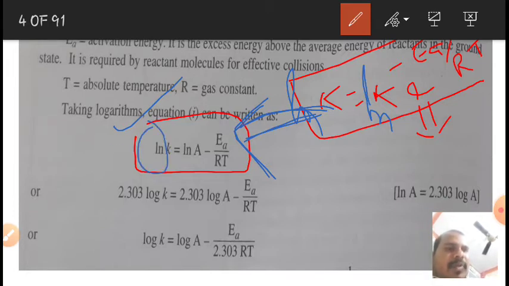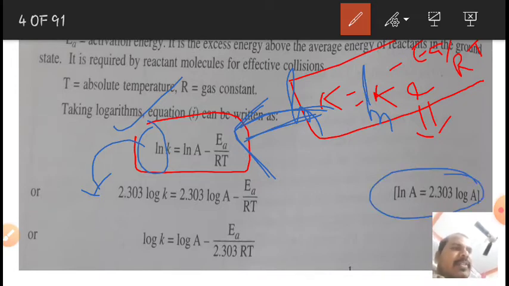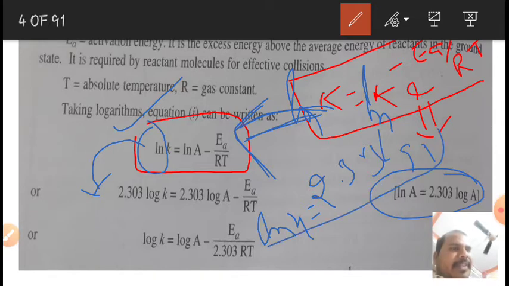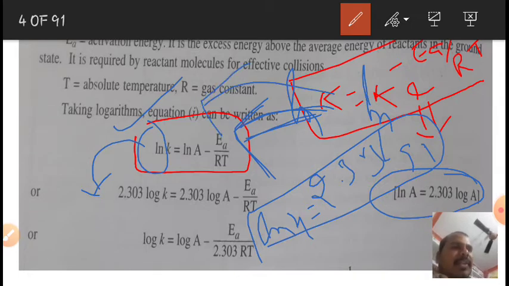To convert from ln to log, we have to multiply log by 2.303. In other words, ln x is equal to 2.303 log x. How it is converted or rearranged, we will discuss in detail later.